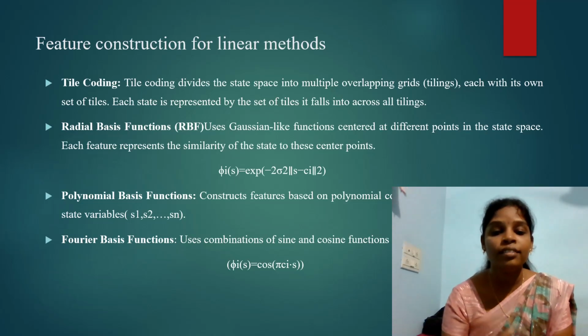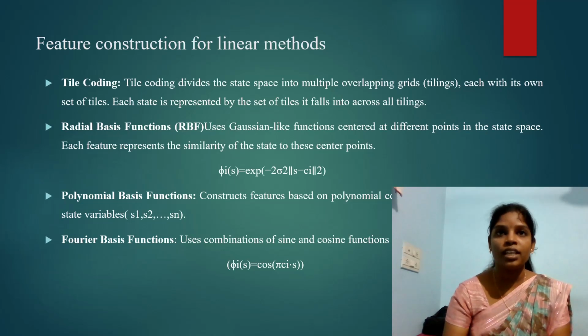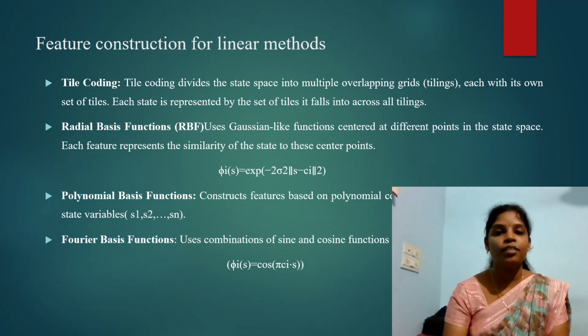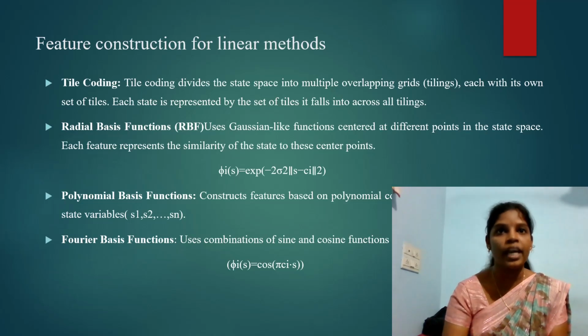Sine theta and cosine theta all come under the linear method. Don't be confused about this. The combinations of sines and cosines are functions to represent the state space, and we will implement the coding for each of these one by one.